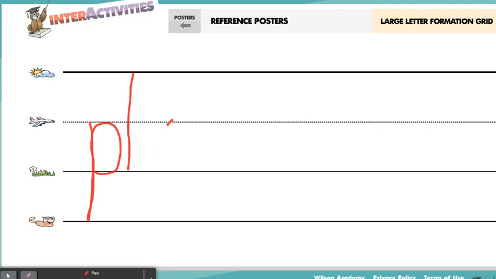A. A is a magic C. Make your magic C, straight line, and then trace down. And the A at the end has a Y. Start at the plain line, trace down to your grass line, pick up your marker, plain line, slide down all the way to the worm line.